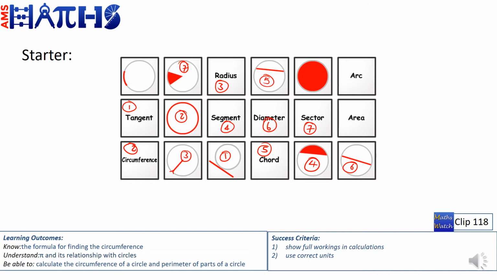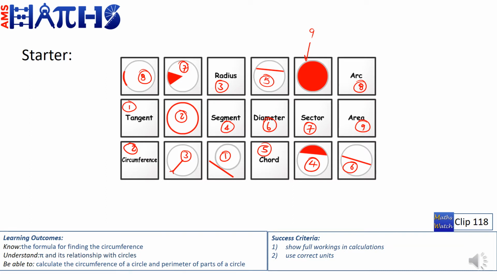And if we go for arc, then this red marking here would be part of the circumference of the circle, called the arc. And finally is the area of our circle, 9, and the shading inside the circle is its area. Well done on trying those.